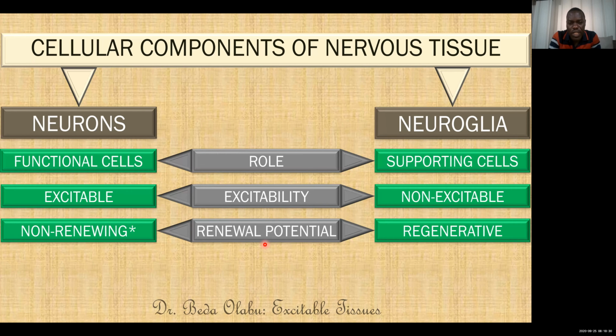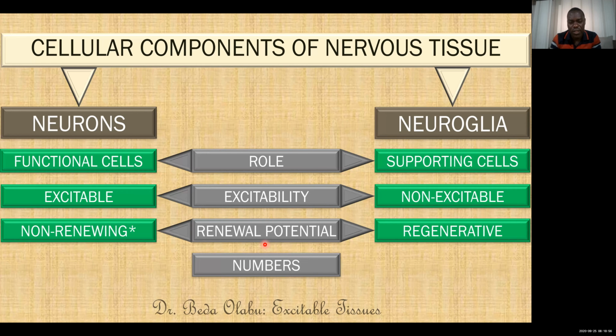So neurons are largely non-renewing, meaning they are in the G0 phase of the cell cycle. On the other hand, neuroglial cells are mitotic. They do divide. That means they do regenerate themselves.